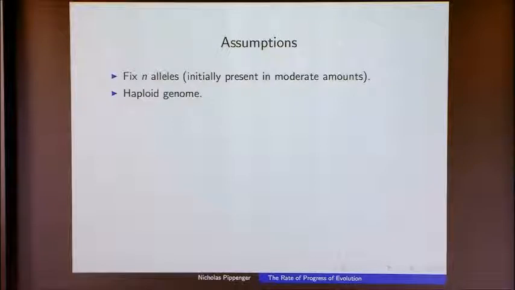Okay. I'm going to make a number of assumptions, some of which are crucial and some of which I think are easily avoided. Just for simplicity, I'm going to assume it's a haploid genome. I'm going to assume no mutation occurs during the period to which this result will apply. There are two reasons for this.